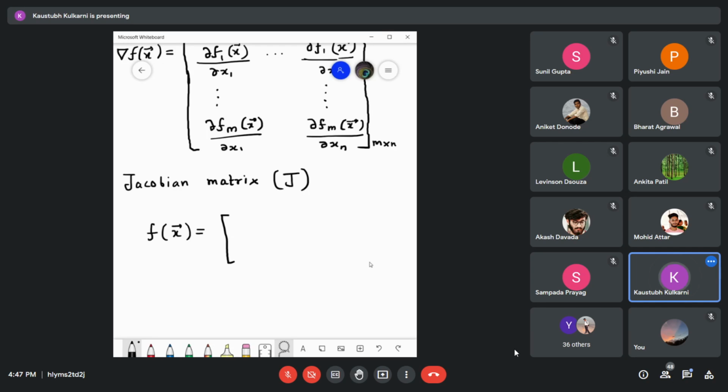The first component is 5x1 plus x2. The second component is 3x1 square. The third component is 2x1 plus e raised to x2. Now you have to find the Jacobian matrix, or the gradient, of f.